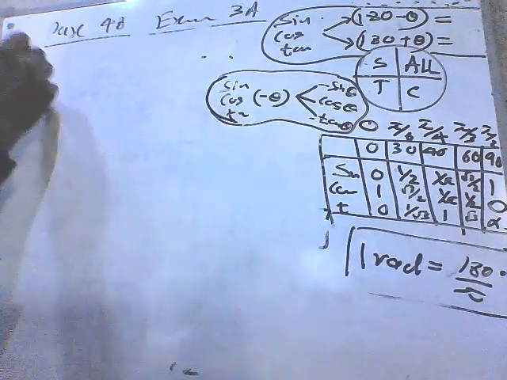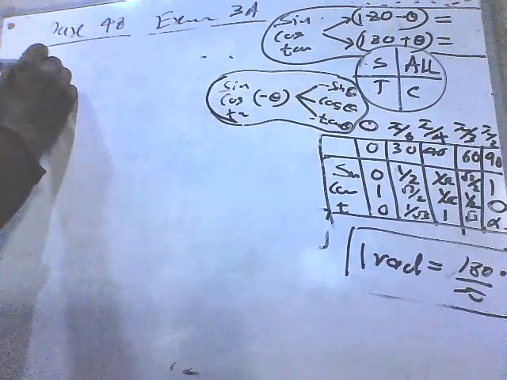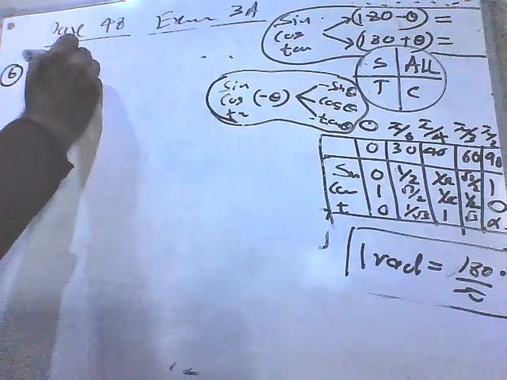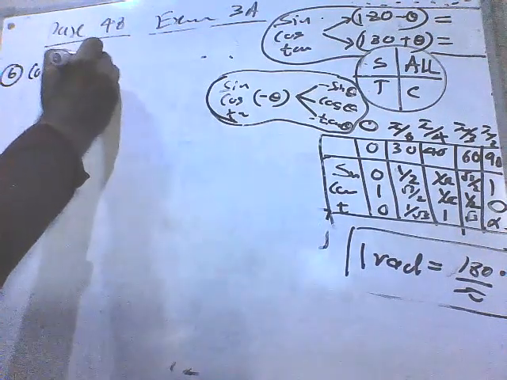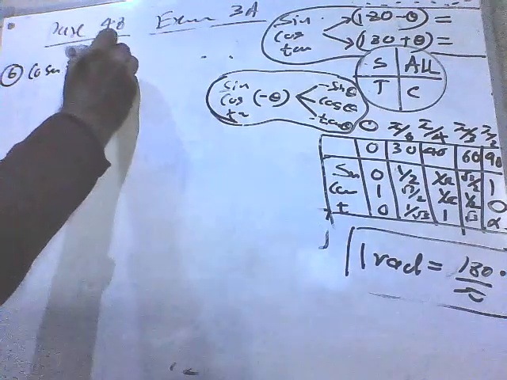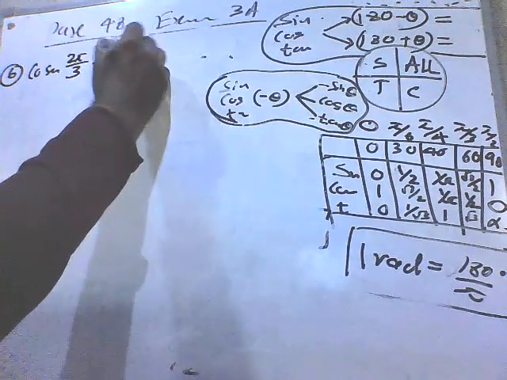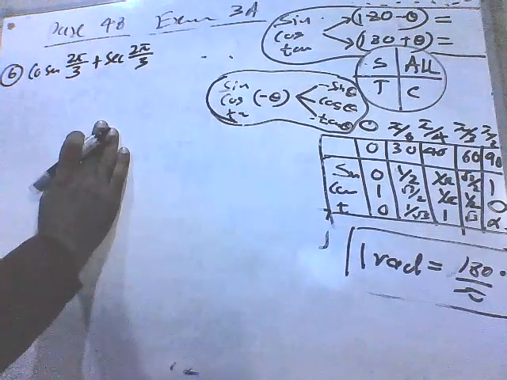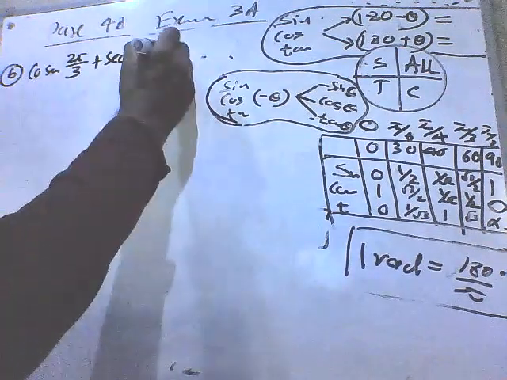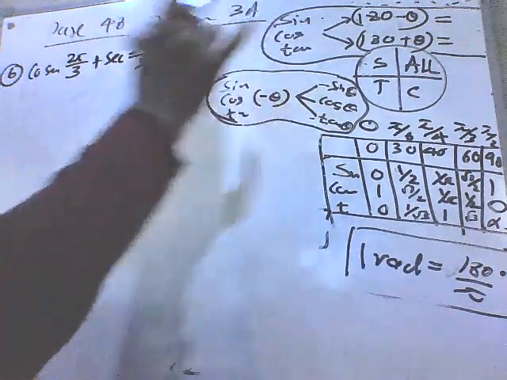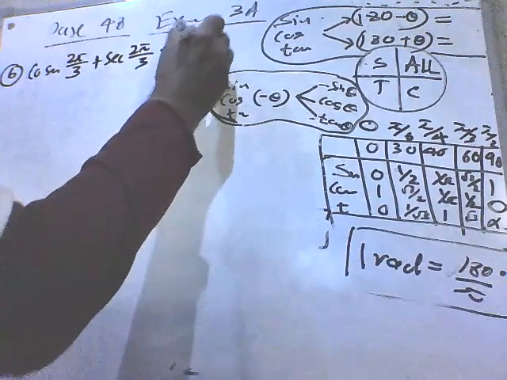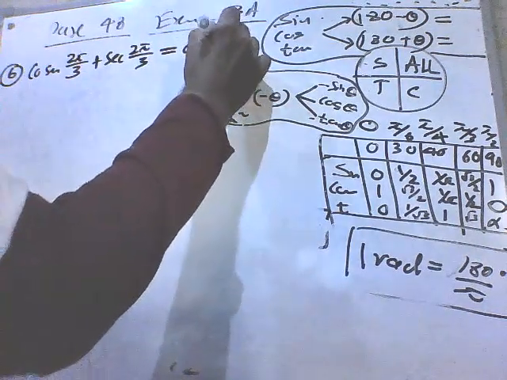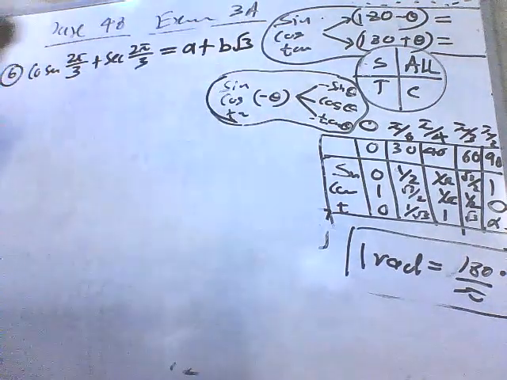So they are asking us to find cosec 2π over 3 plus sec 2π over 3 equal to a plus b root 3.